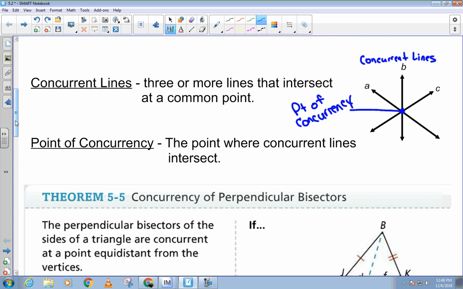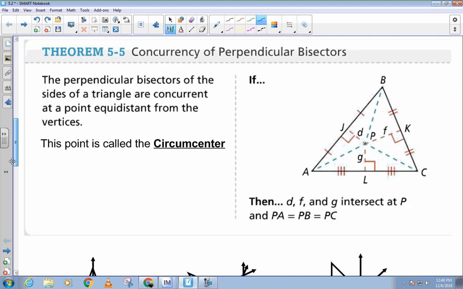Alright, so we saw that if we drew all 3 perpendicular bisectors of a triangle, we have triangle ABC here, and this is a perpendicular bisector, this is a perpendicular bisector, and that is a perpendicular bisector.